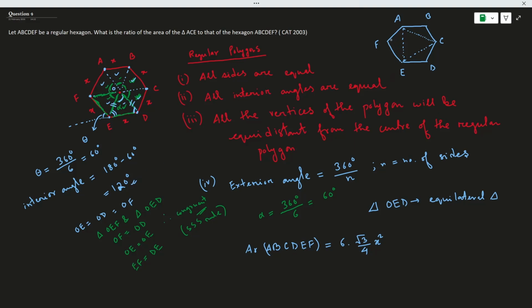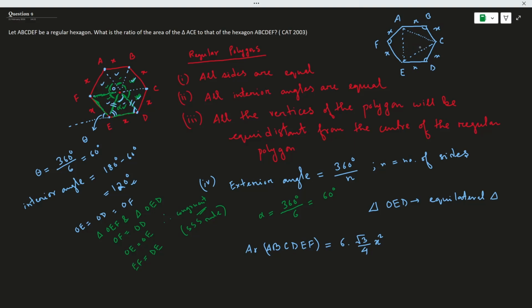Now this side we have assumed as x, this side we have assumed as x, and this angle is 120 degrees. Similarly this is x, this is x, this is also 120 degrees, this is x, this is x, this is also 120 degrees. That means what?